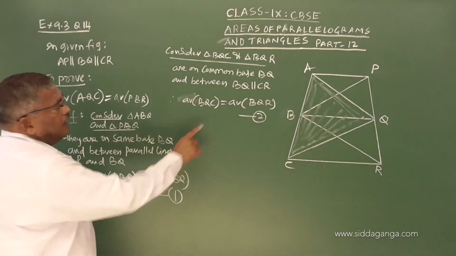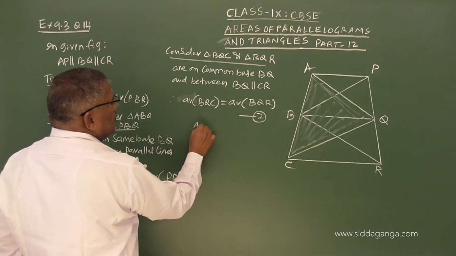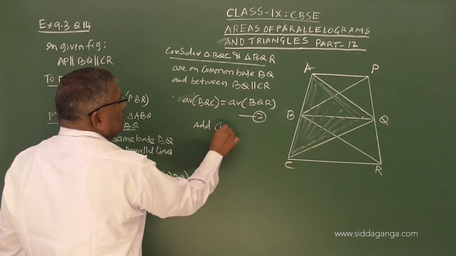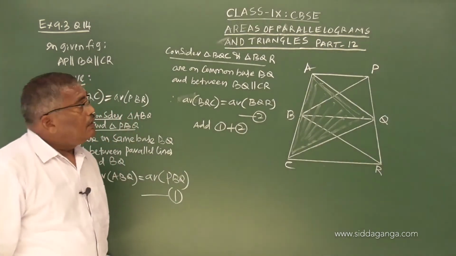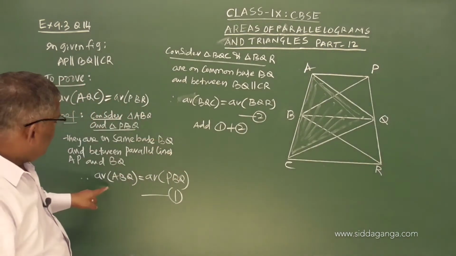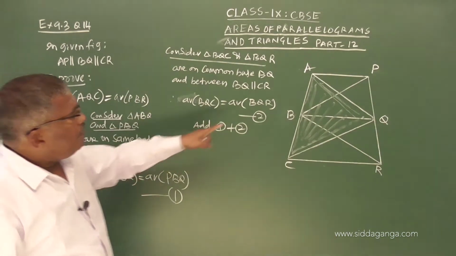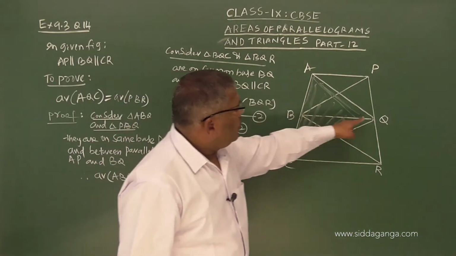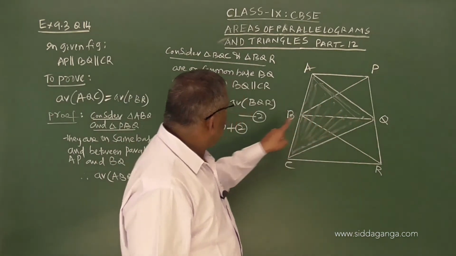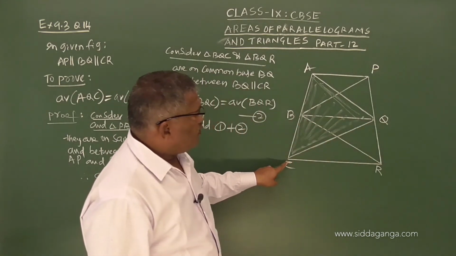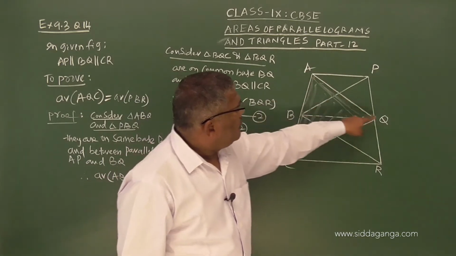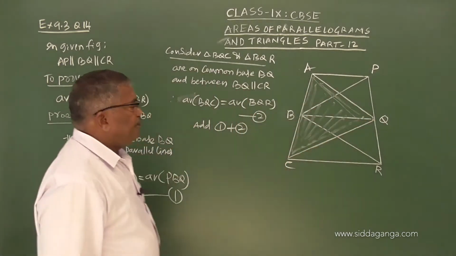So now add equation 1 and 2. Left hand side you add area ABQ, this portion, and BQC, this portion. If you add these two, you will get AQC area.